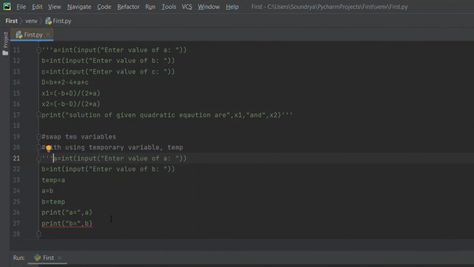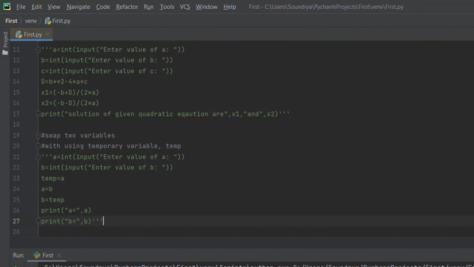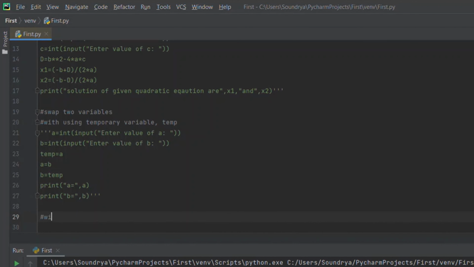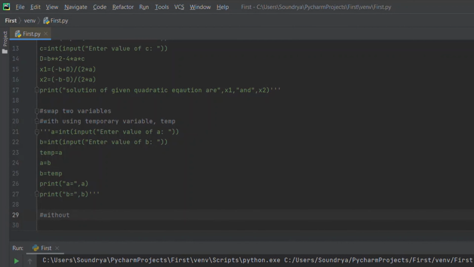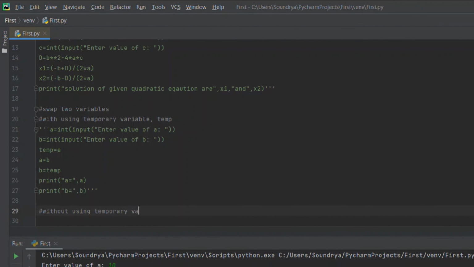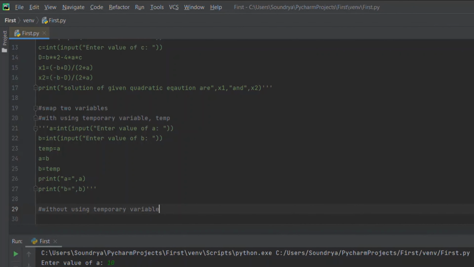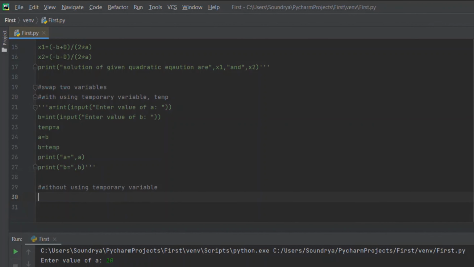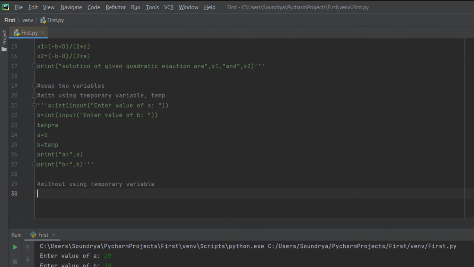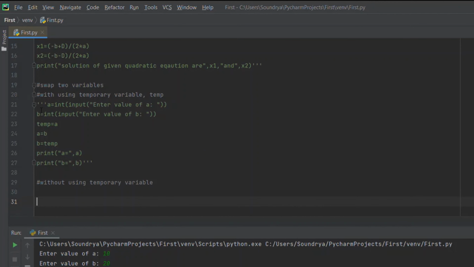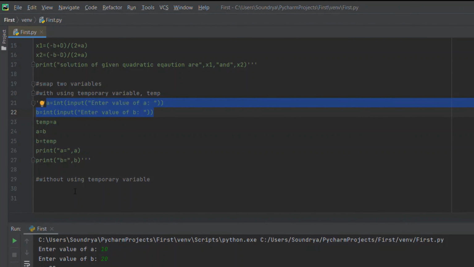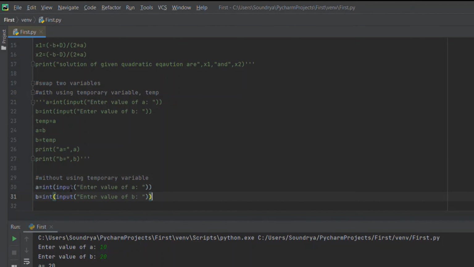Now let us see another method, which is without using a temporary variable. Again we can copy it from here and paste it here.